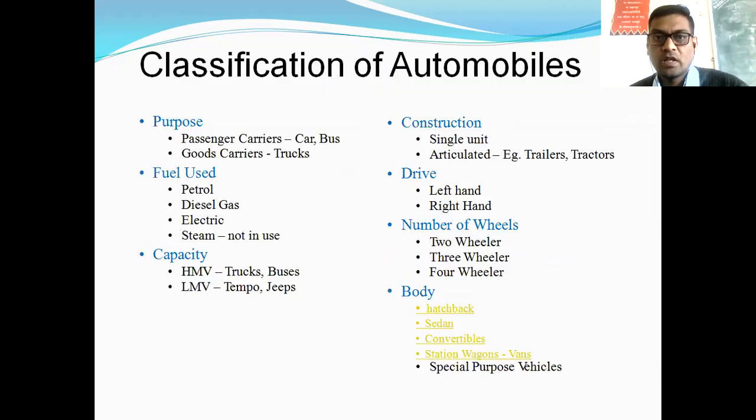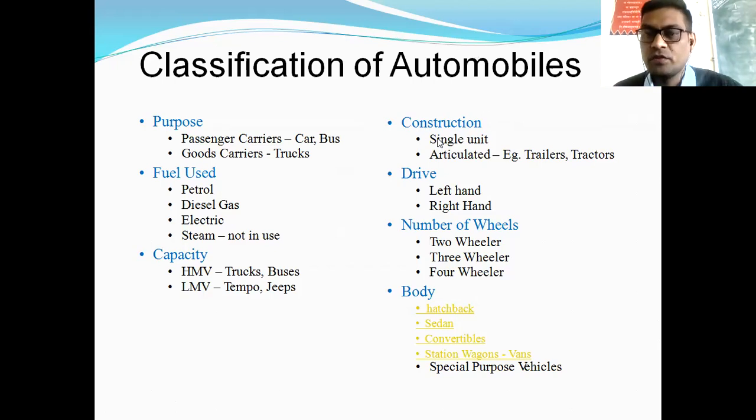Now let's see some more classifications. According to the purpose, we have passenger carriers or goods carriers. According to the type of fuel used, we have petrol, gas, diesel, electric, and steam, which is generally not in use. So we have petrol vehicles, diesel vehicles like this. According to the capacity, we have HMVs and LMVs, heavy motor vehicles and light motor vehicles.